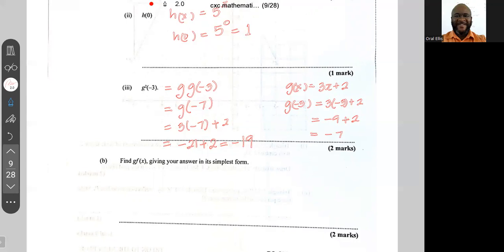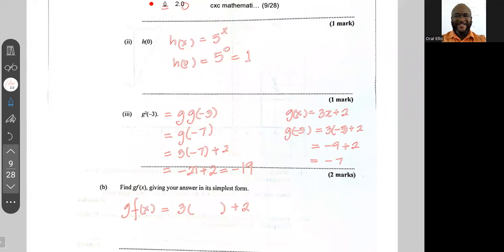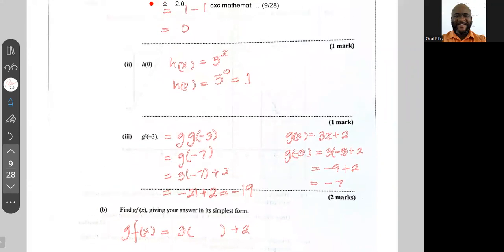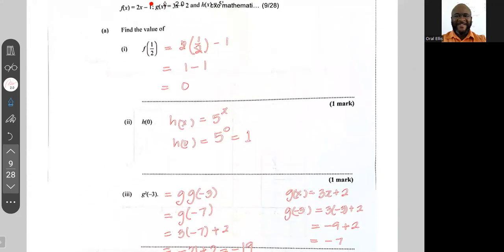How do I do that? I must write the g function. G is 3x plus 2. But in g, wherever I see x, I'm going to take out x and put f. Now, f is 2x minus 1.